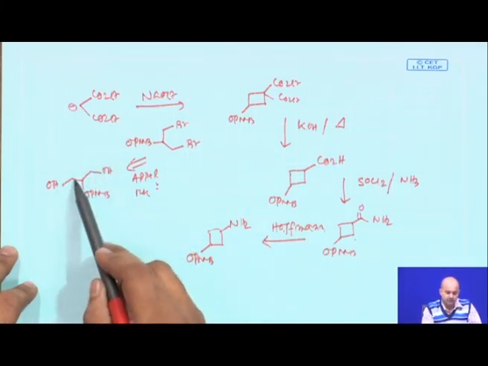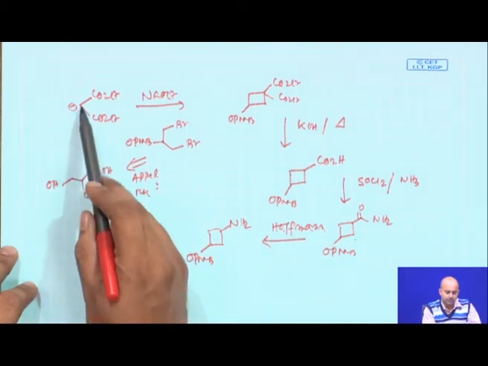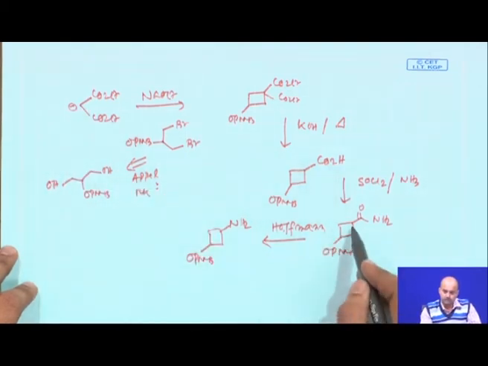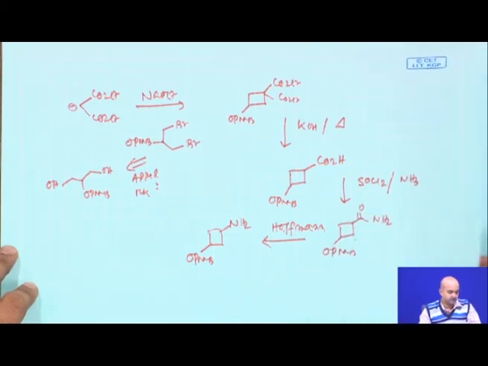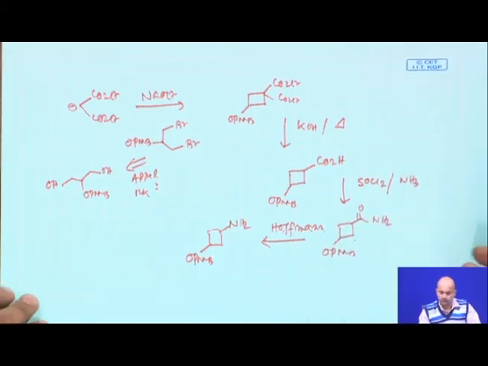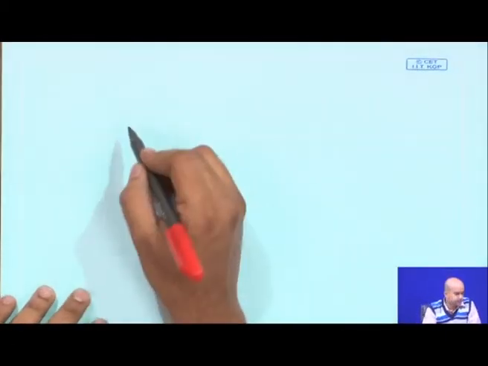So, this is a 3 carbon starting material, you introduce 1 extra carbon to close the cyclobutane ring, and then finally, you complete the synthesis. So, this is a very simple, straightforward way you can continue this kind of approach.